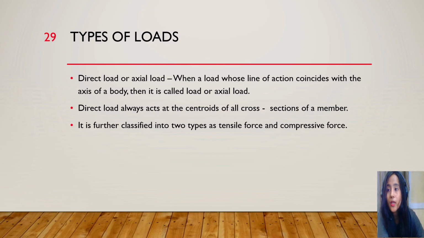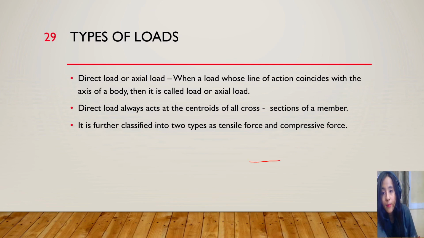So in types of load again, direct or axial load can be defined as applying a force on a structure directly along the axis of the structure. Let me draw one diagram and explain it to you.